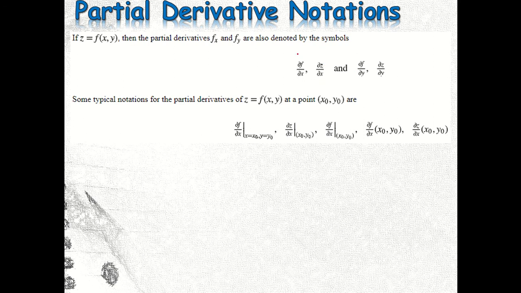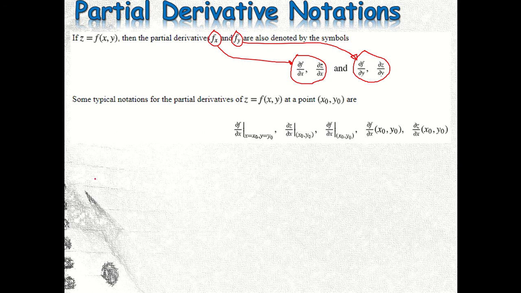So this represents this one, they're just the same. And the other one, the partial derivative of f with respect to y, or the partial derivative of z with respect to y, is equivalent to this part here. They have the same meaning.